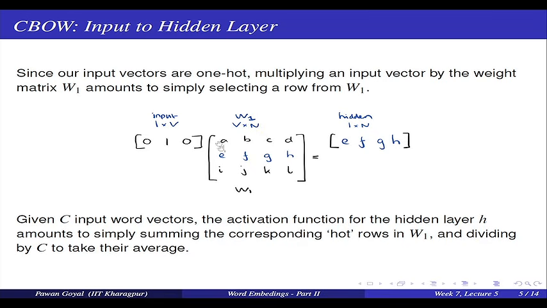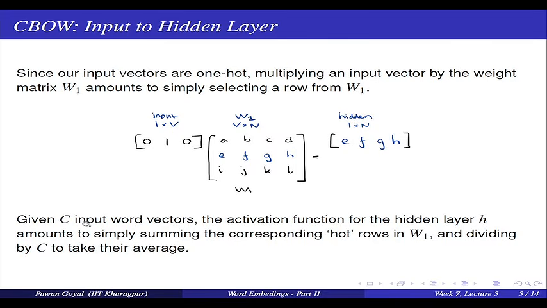This matrix has v different rows, so you can think of these v rows as corresponding to v different words in my vocabulary. Whenever you feed the one hot form of one word, you pick up that row. Okay, and you do it for 8 different words. So you pick 8 different rows in my initial weight matrix W1, given c input words.